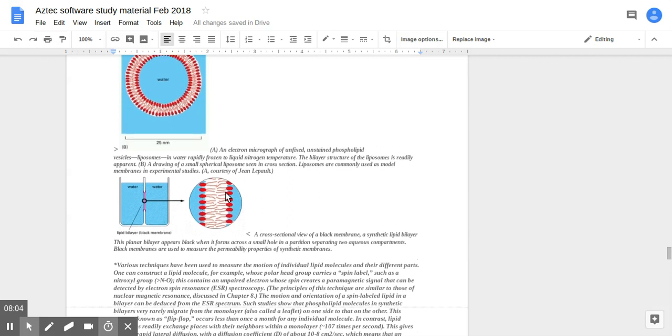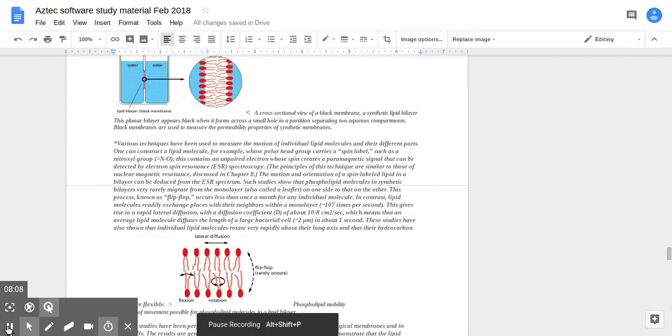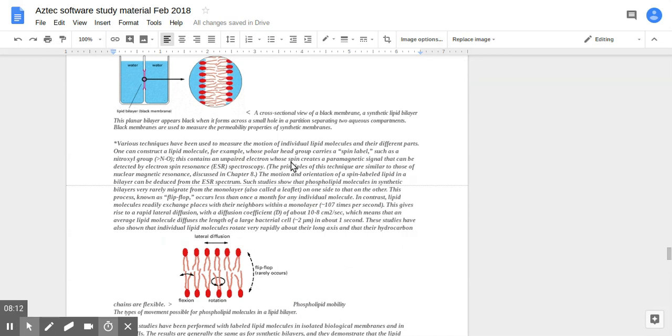And then here you have another drawing, a cross-sectional view of a black membrane, a synthetic lipid bilayer. This planar bilayer appears black when it forms across a small hole in a partition separating two aqueous compartments. Black membranes are used to measure the permeability properties of synthetic membranes.